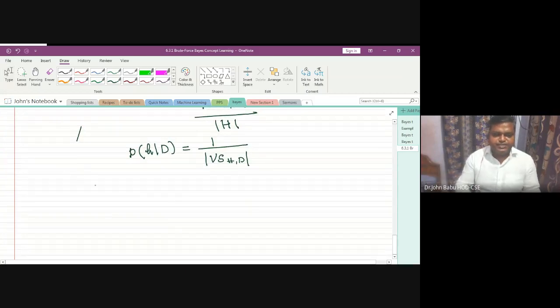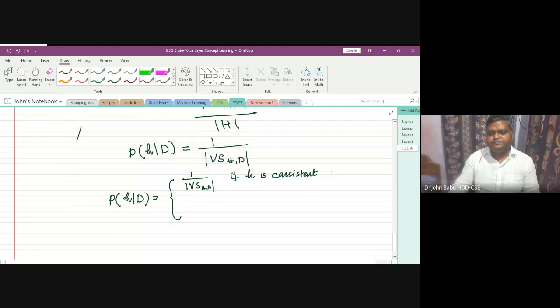The probability of H given D is equal to 1 by the magnitude of version space, if H is consistent with D, and is equal to 0 otherwise.